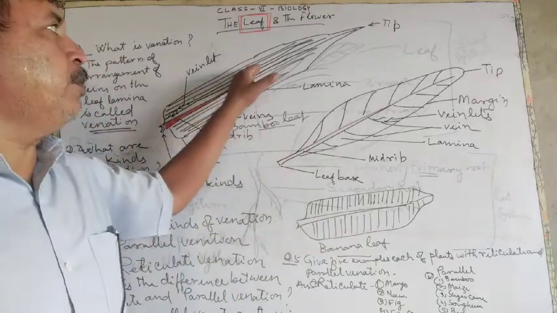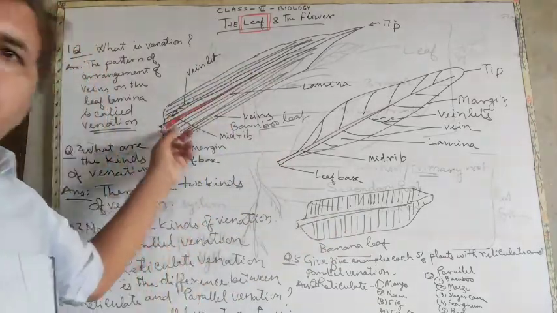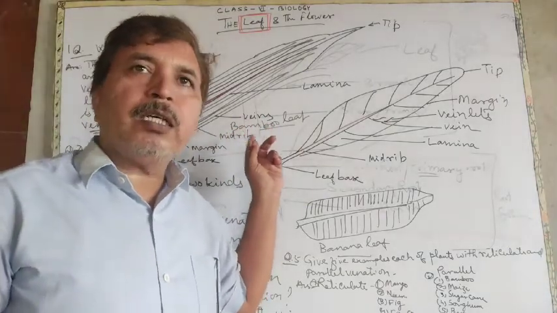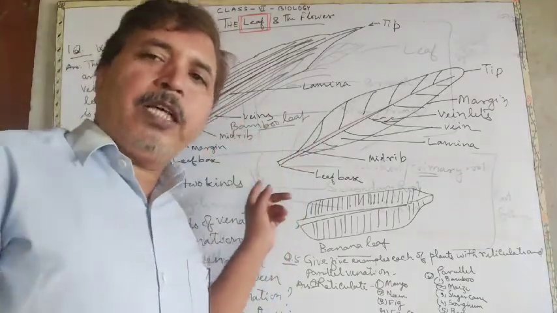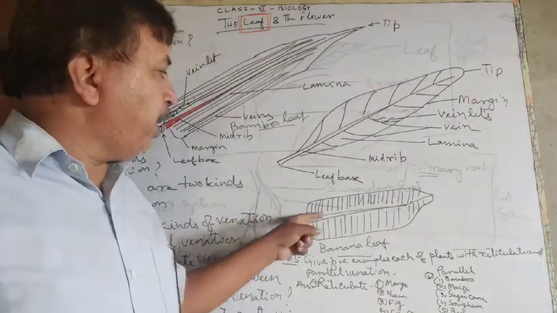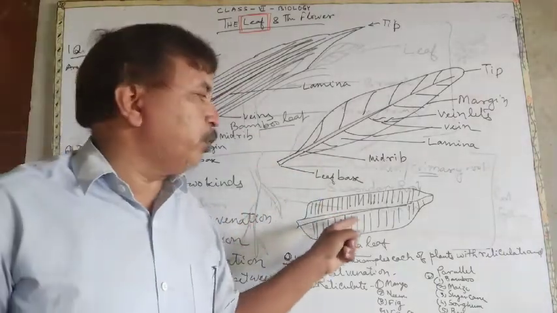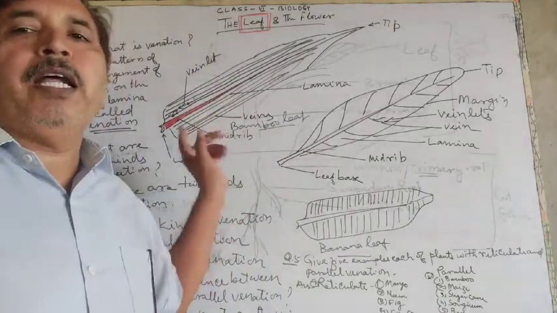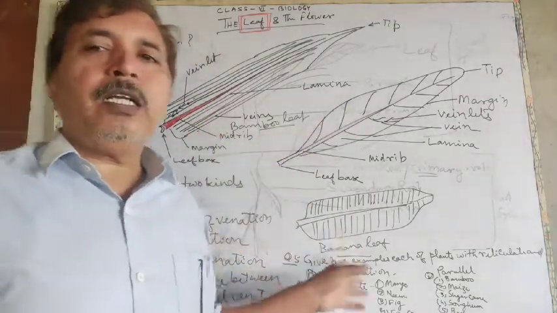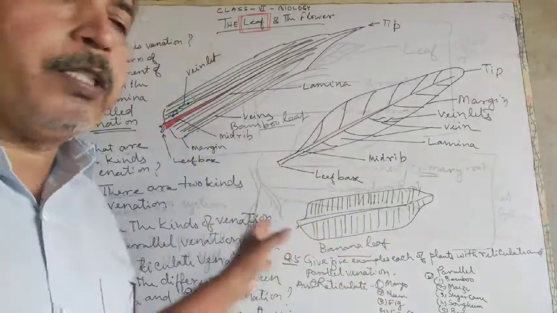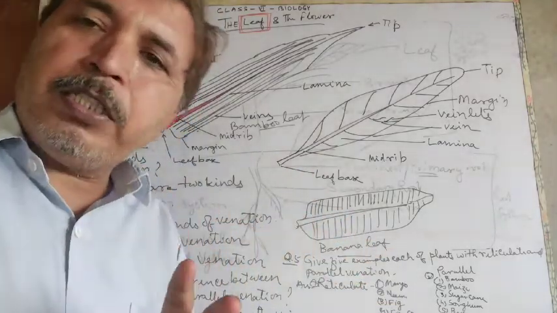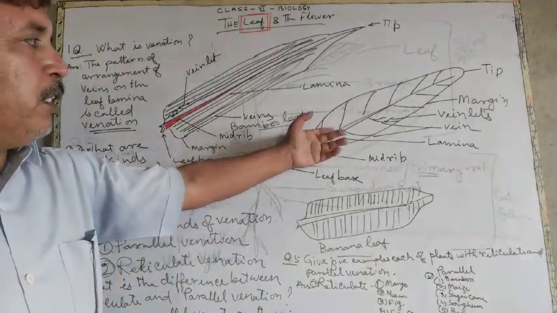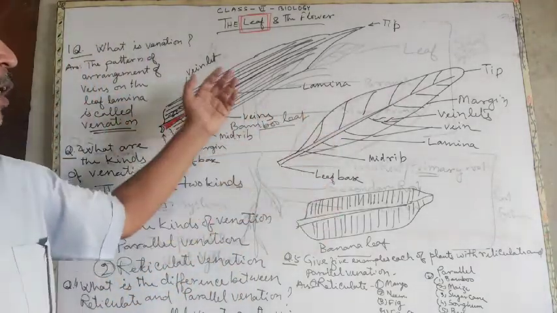Parallel to the midrib as in bamboo, and in sugarcane also you can see this pattern, and in maize also you can see that pattern, right? But in banana it is different, they are parallel to each other. So these veins, when they are parallel, it's called parallel venation. When they are not parallel, they are called reticulate venation. So there are two kinds of venation that you have to know. One is reticulate venation, as this example, and another one is parallel.